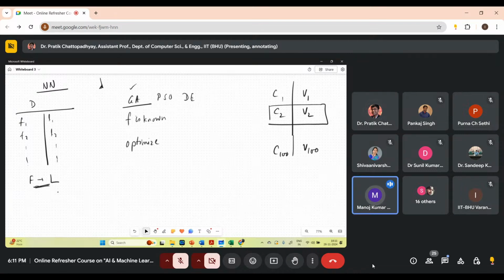I have hardly seen any paper where they are optimizing these neural network parameters through genetic algorithm or evolutionary algorithm. They are still using the gradient descent method, which is based on differentiation. So how powerful are these evolutionary algorithms, and why are they not used in training?